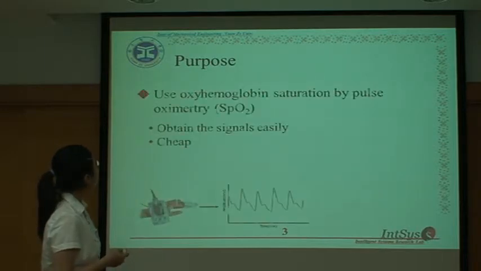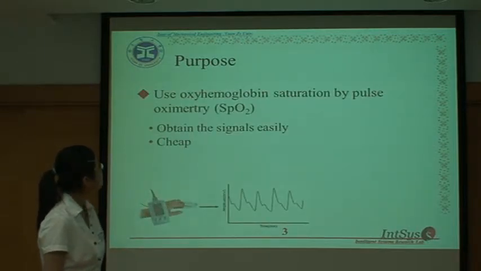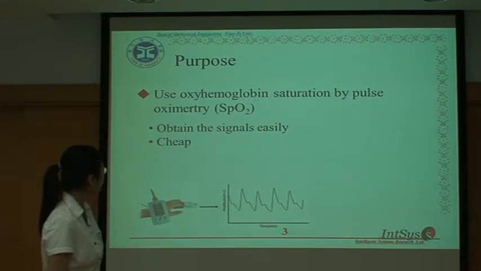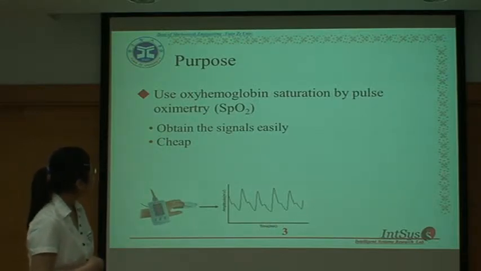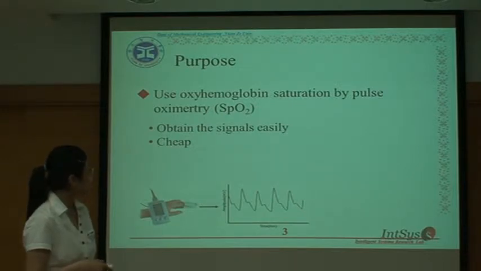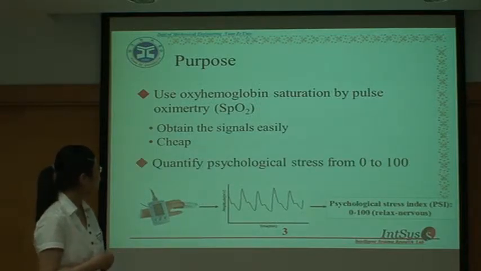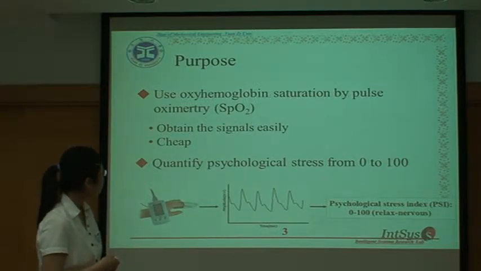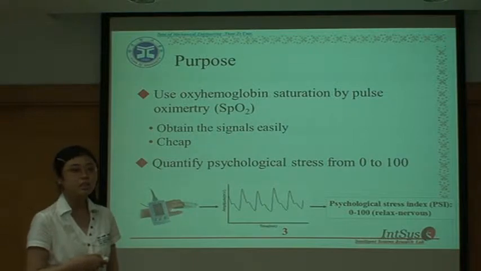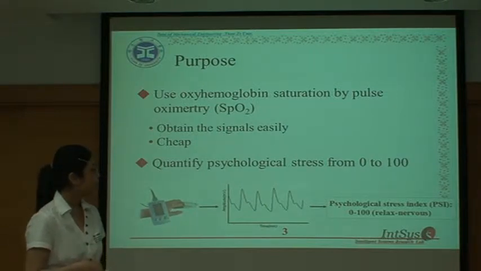So our purpose is to use hemoglobin saturation by pulse oximetry. By clipping a pulse oximetry sensor on our finger, we can obtain the SpO2 signals. So it can be measured easily, and the machine is cheap. Moreover, after signal processing, we can quantify psychological stress by a value from 0 to 100, representing relaxed to nervous.